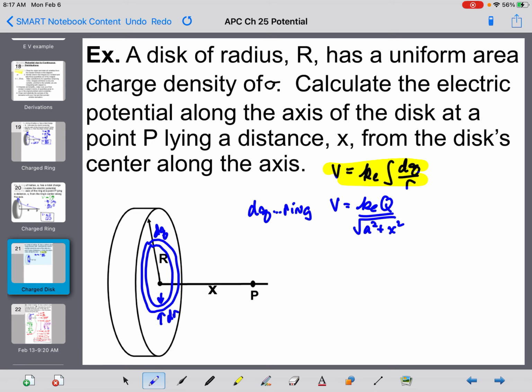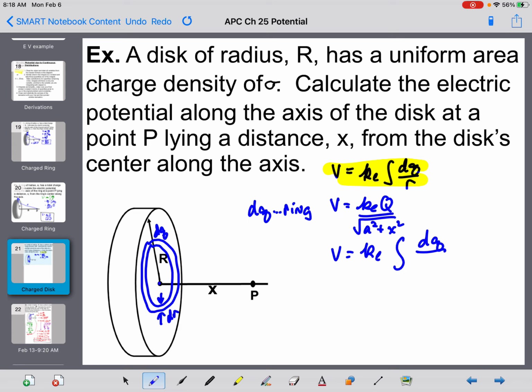Now, if we translate this into the calculus, V would be equal to k sub e, a constant that pulls out, dq over, and we need to specify our variables.